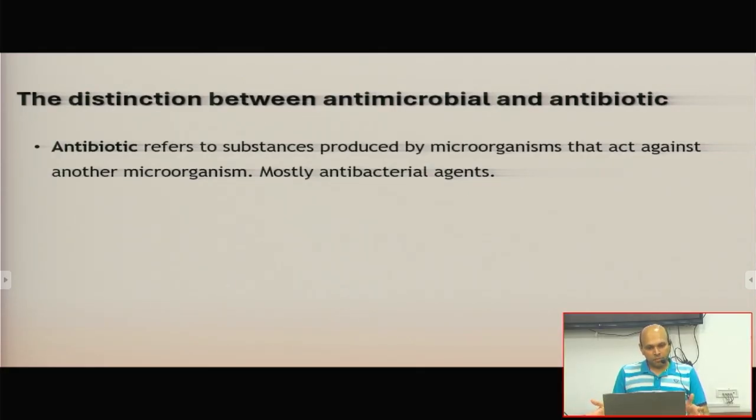So antibiotic refers to substances produced by microorganisms that can act against other microbes, and these are all mostly antibacterial agents. And antimicrobials, as you said, are against different sorts of microorganisms.